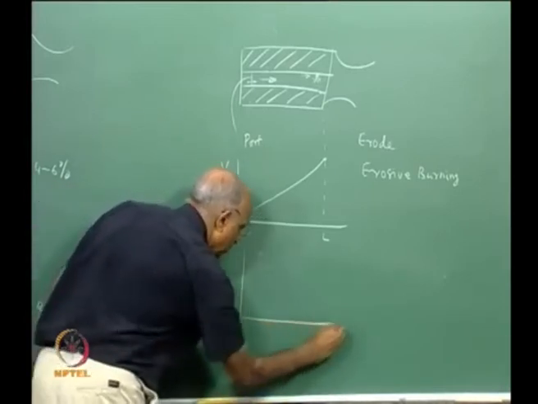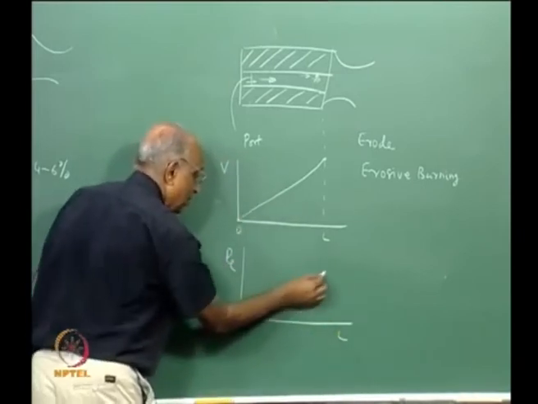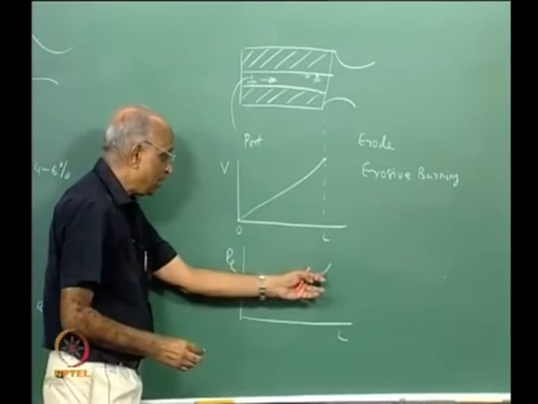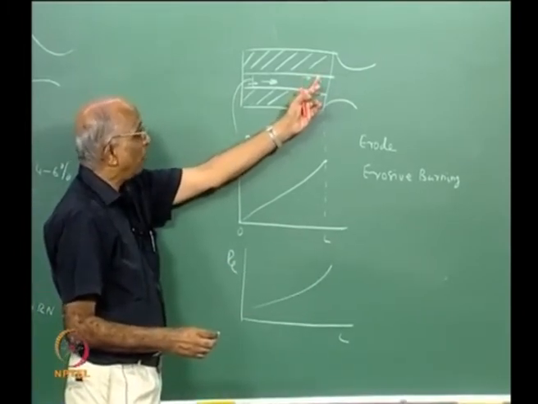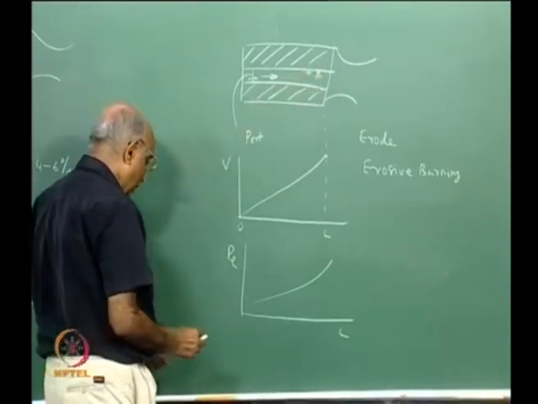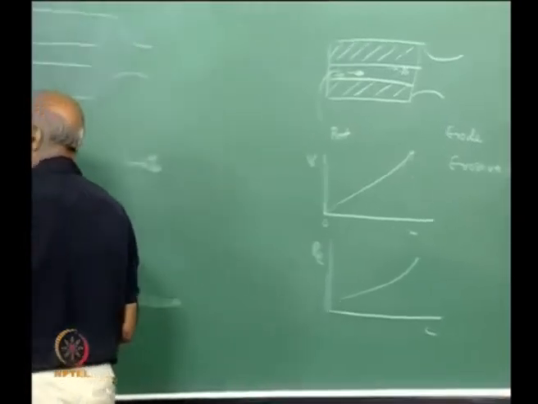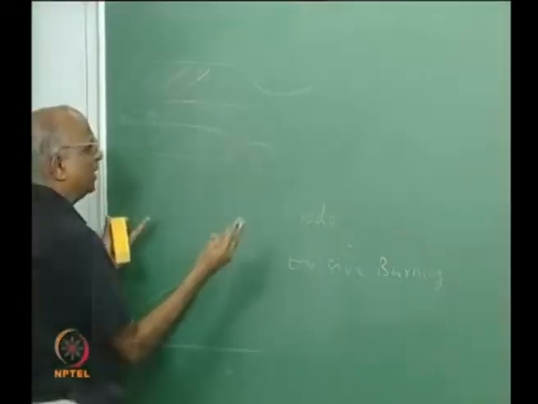I have Reynolds number as a function of length. Well, my Reynolds number is increasing. If my Reynolds number is increasing, well, my Nusselt number or heat transfer is going to go up. Therefore, I am also going to get increased convective heat transfer. In other words, I can talk in terms of erosive burning arising from convective heat transfer, and when we do such a modeling, again it is simple.